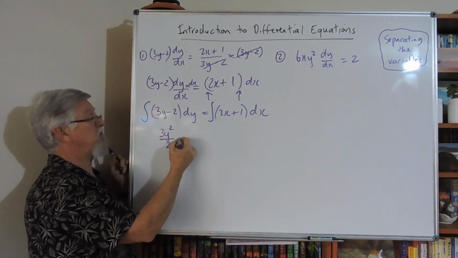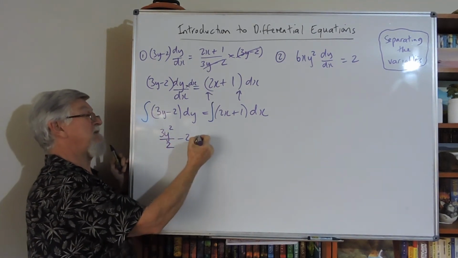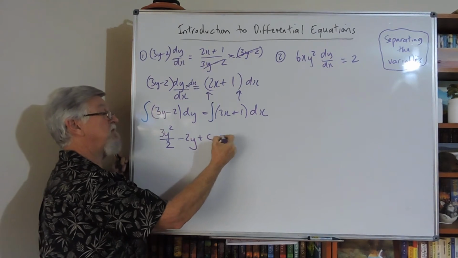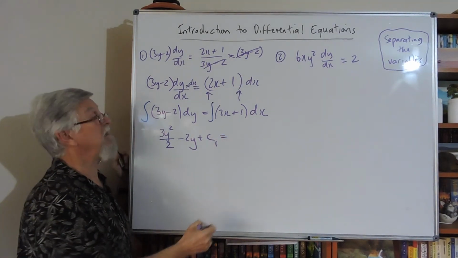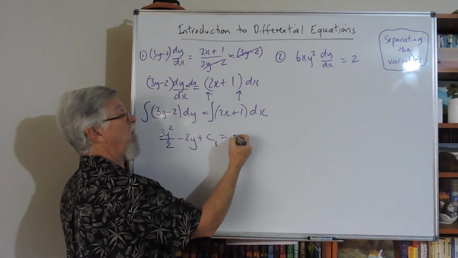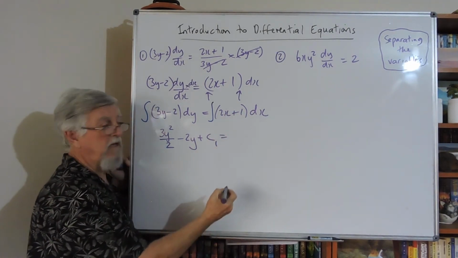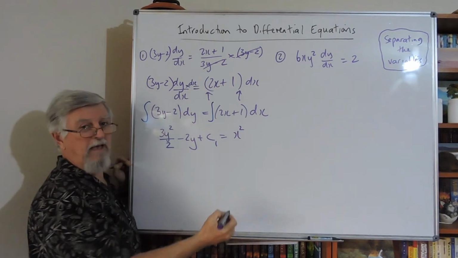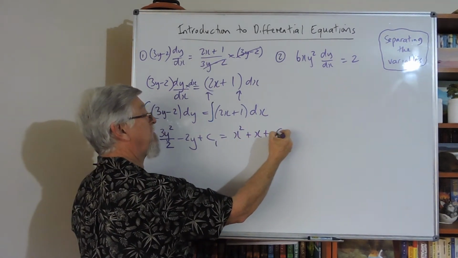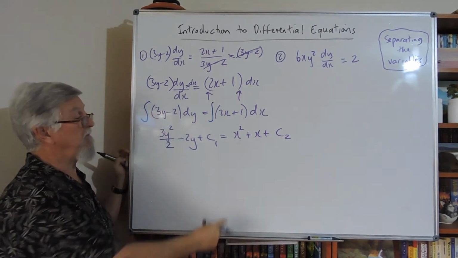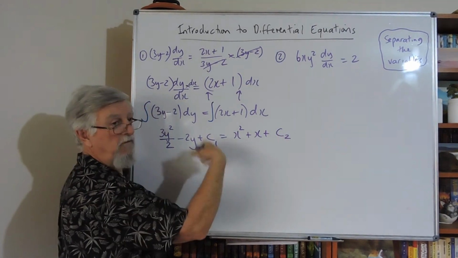The integral of minus 2 is minus 2y. Technically I should put plus a constant, but in a moment I'm going to have two constants, so sometimes I'll call that constant 1. This one, the antiderivative of 2x is x squared, and then the antiderivative of 1 is x. And again, I could put another constant there. By the way, if this turned out to be 2 and 6, we'd have it as 4.